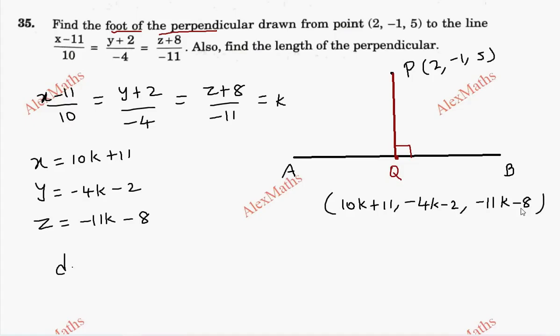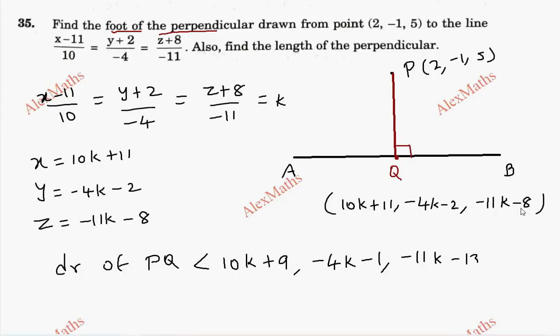Now we have to find the direction ratios of the line PQ, which is nothing but the difference. 10K plus 11 minus 2 will be 10K plus 9, minus 4K minus 2 minus of minus 1 plus 1, so we get minus 4K minus 1, and minus 11K minus 8 minus 5, which is minus 11K minus 13. The same way, direction ratios of AB are 10, minus 4, minus 11.